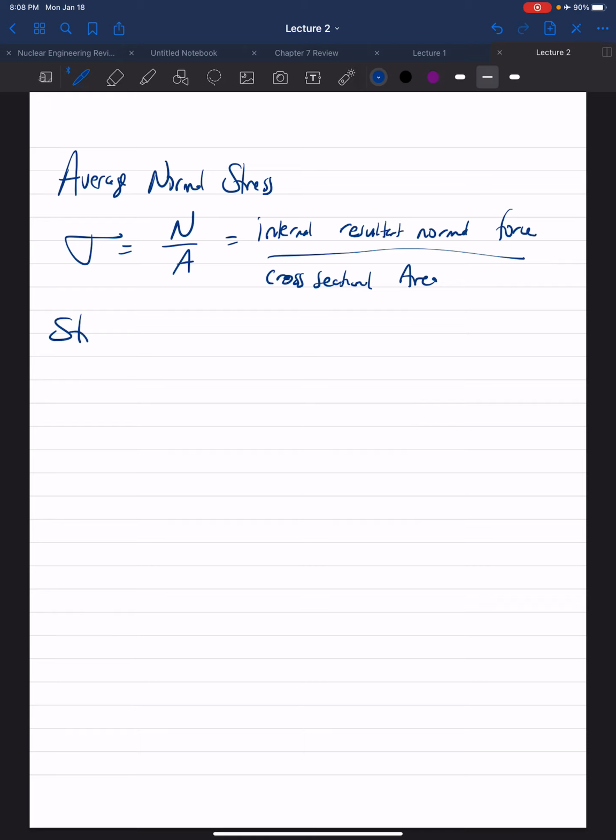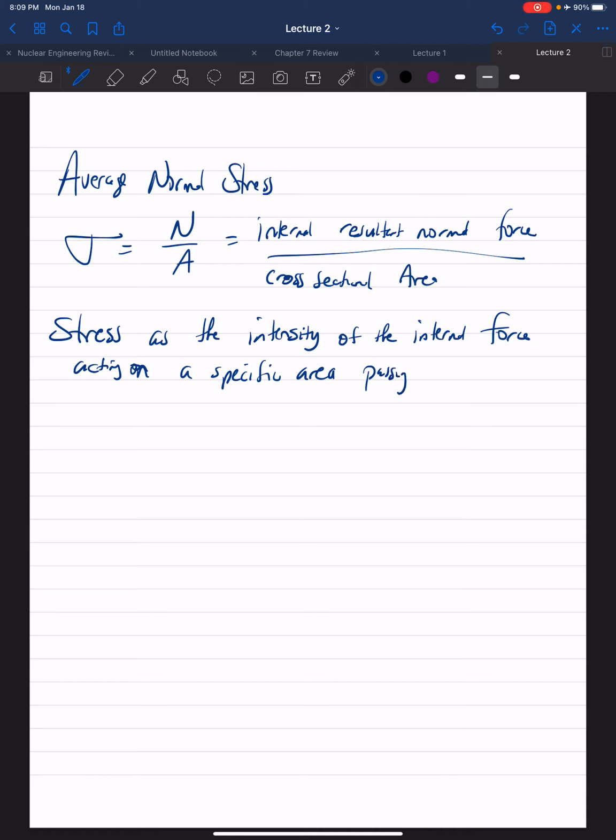And we define stress as the intensity of the internal force acting on a specific area, we'll say passing through a point.